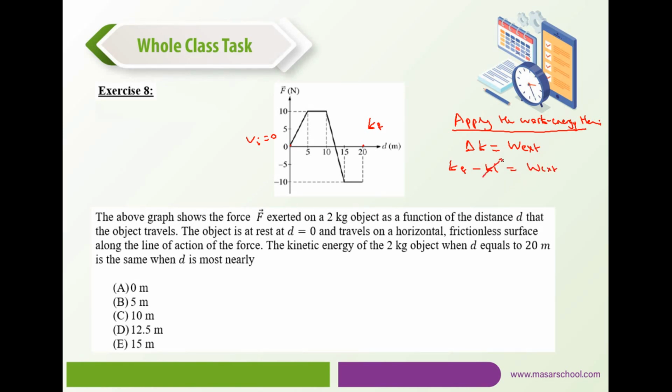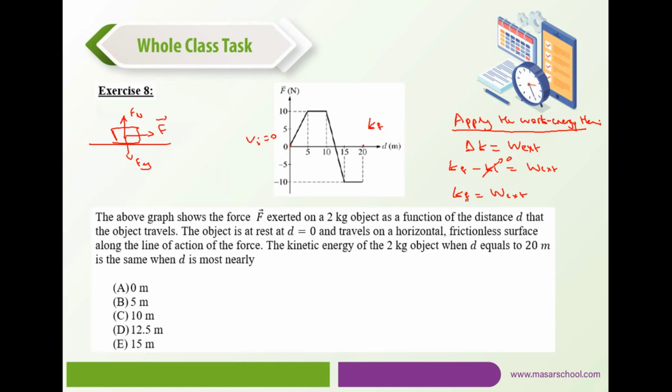Kinetic energy initial is 0 because we started from rest, so the final kinetic energy would be equal to the work done by the external forces. We're assuming here that we have a block, we have the pull of gravity, we have the normal push, and we have only a force F. This is not necessarily horizontal, but I took it to be like that. That's fine, we don't have friction.